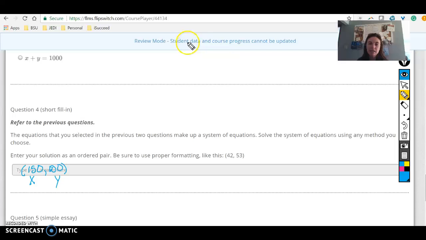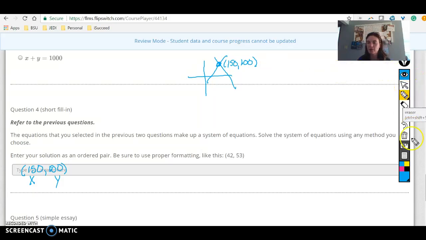And what that's saying here is that given these two graphs, they're going to cross out here at the point 150 and 100.